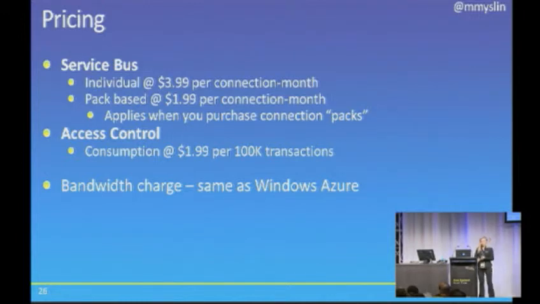Okay? And the other thing that you should think about is that the way we calculate our connections is we split up a day into 5-minute intervals, and we take the interval in which you use the most number of connections. So that's a nuance that a lot of people don't know about, and it's a bit complicated. But it's a big help if you have very spiky load.